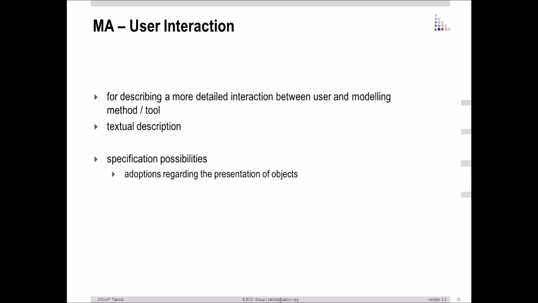The next model type is the user interaction model. With this model type, you can describe the interaction between users and modeling method or tool. This model type is based on textual descriptions. Therefore, I would encourage you to have a look at your own.